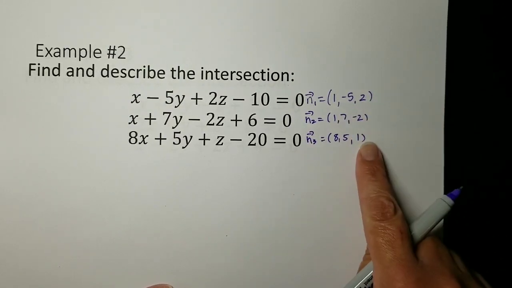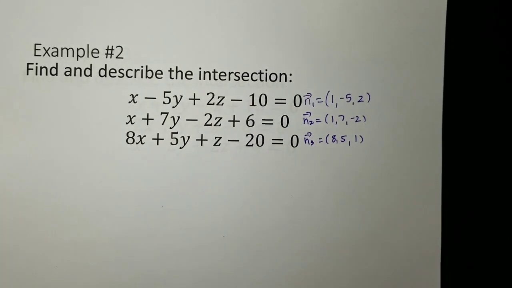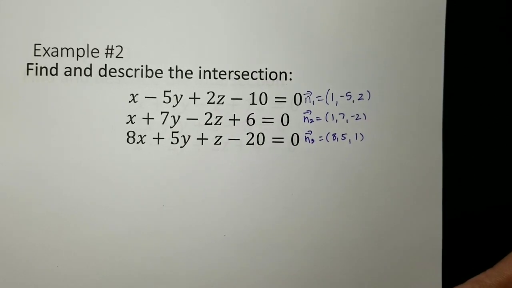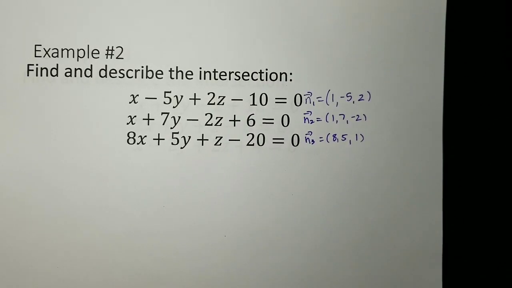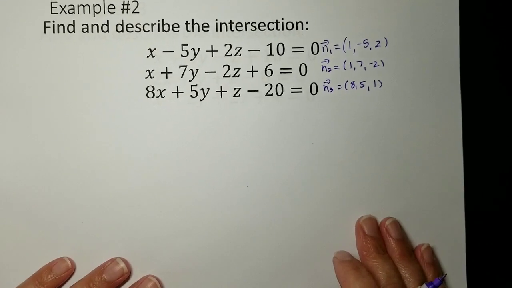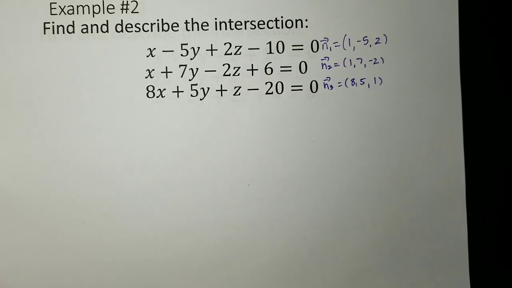So we can clearly see none of these normals are scalar multiples of each other. That's not something I'm dealing with. I don't have scalar multiples there. So this is one of the last 3 cases. It's case 6, 7, or 8, and we have to work through the solving to see which case that is.